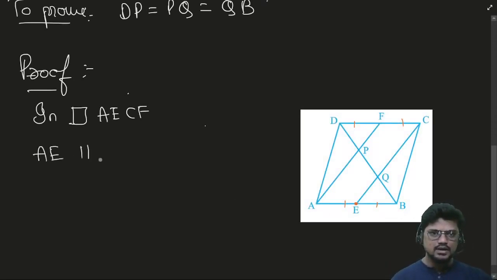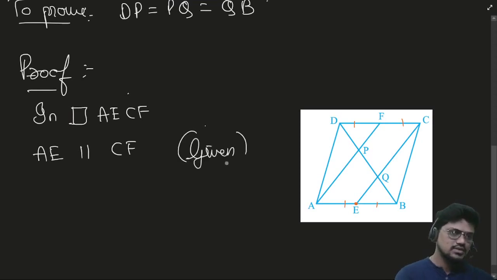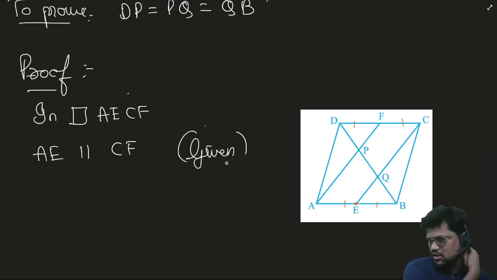AE is parallel to CF. This is given. This also comes under given only, no? Because ABCD is a parallelogram, that's why. You can also write the reason over there, that is, ABCD is a parallelogram.